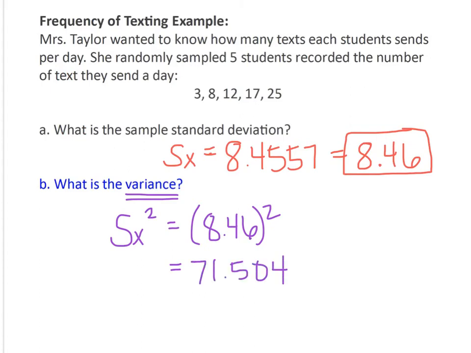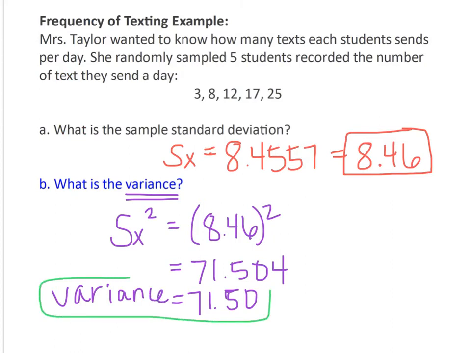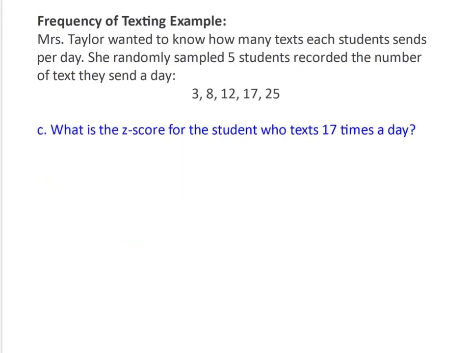And for the sake of rounding, if you just round 2 decimal places, that would be okay too. So my variance is just my standard deviation squared, and it gives me 71.50.